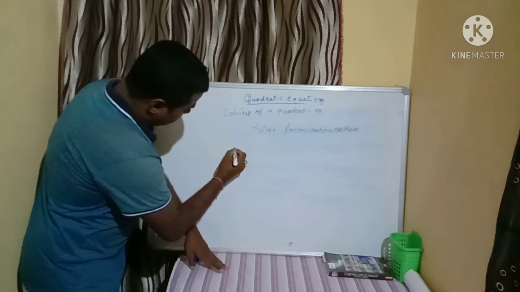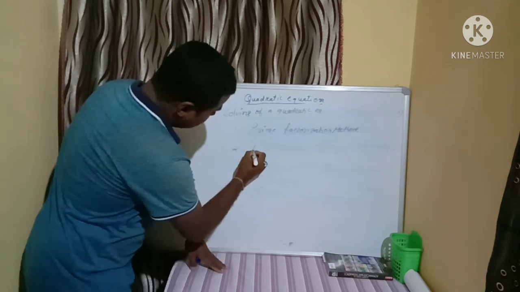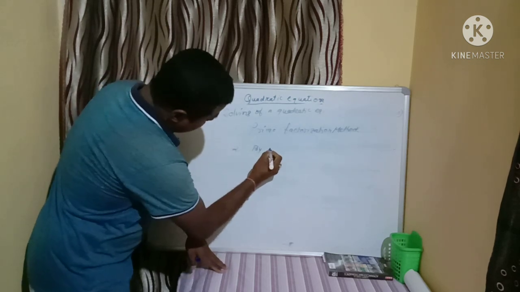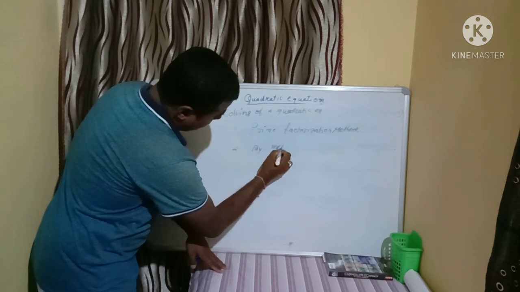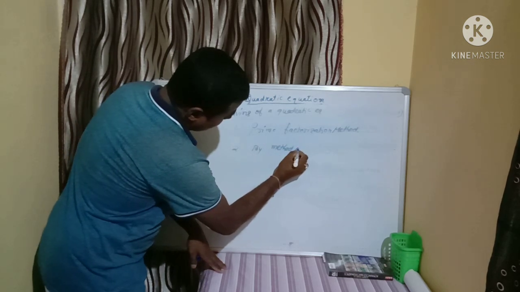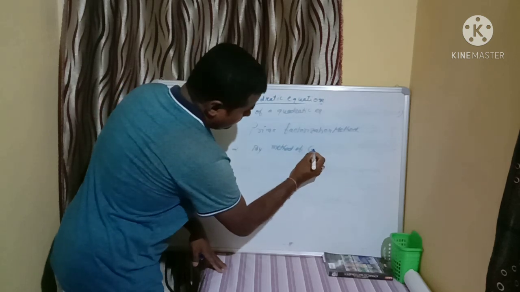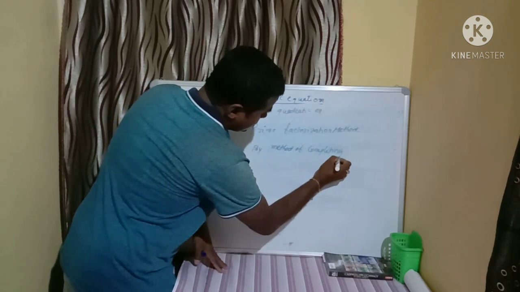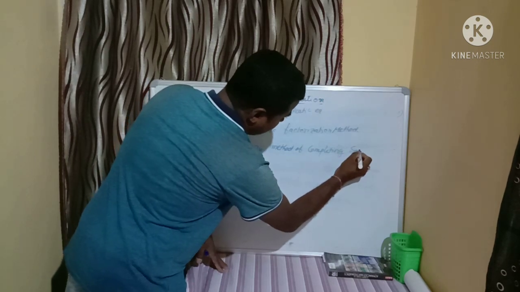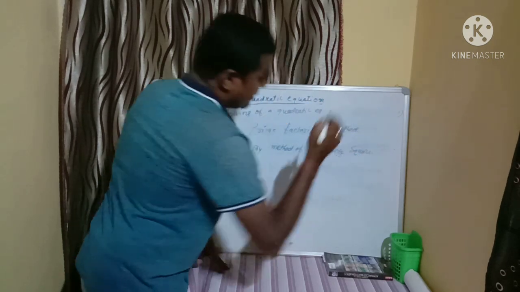Second one is by method of completing square.